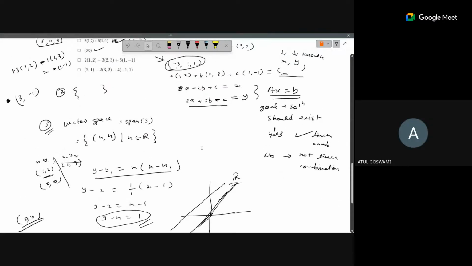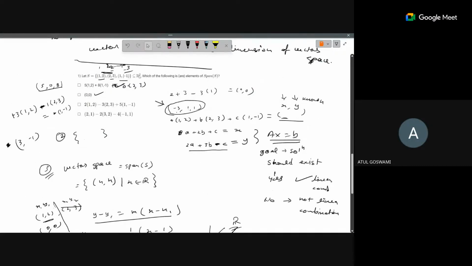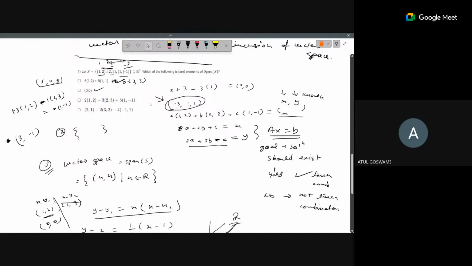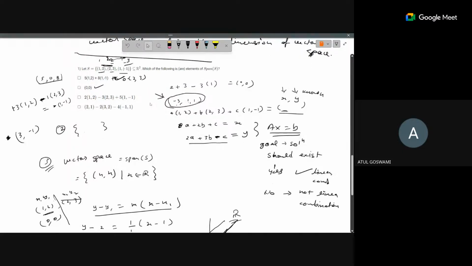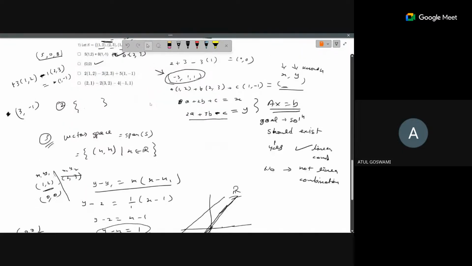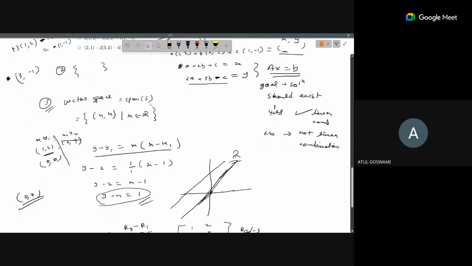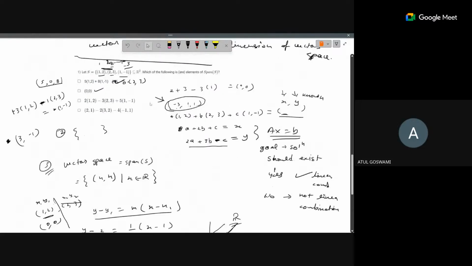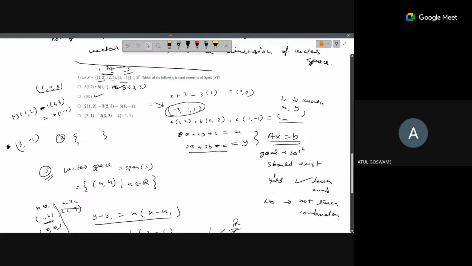So I was talking about this because it is a subset of R2. That means only two vectors are independent, and using those two vectors we can span some space. So what would be the span in R2? I mean, what would be the vector spaces in R2?